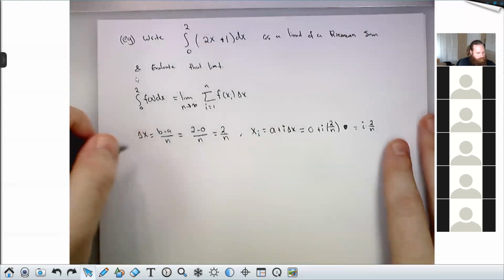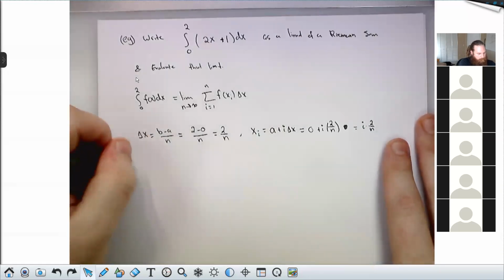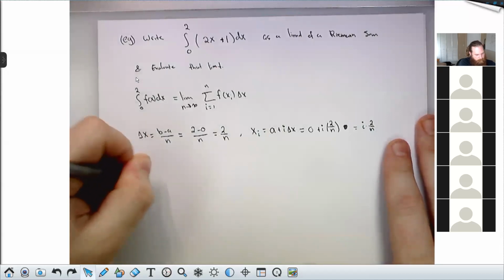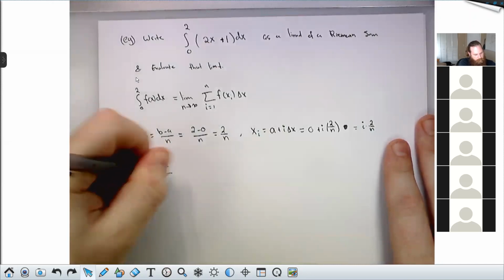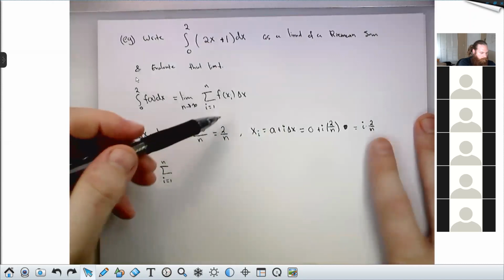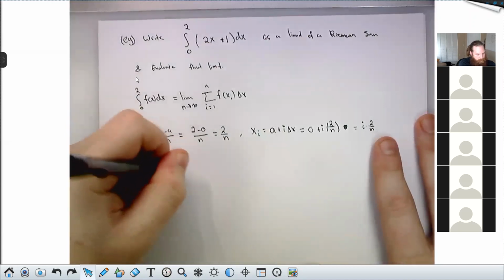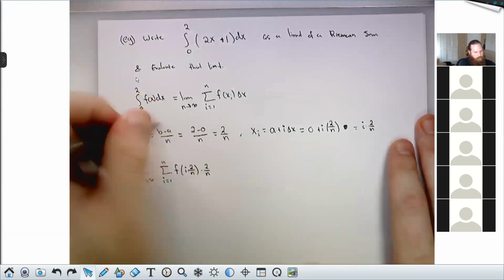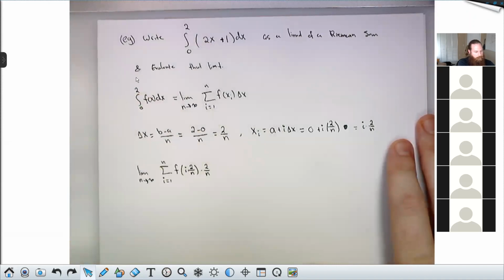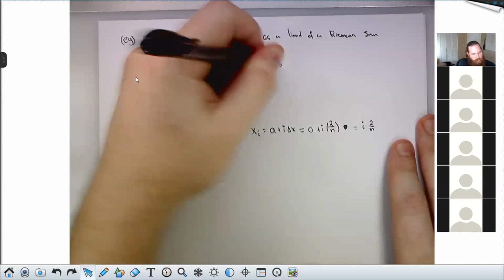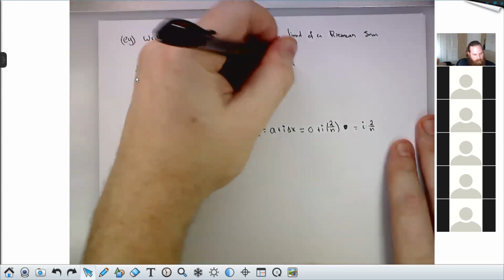So then this integral is a limit as n goes to infinity, sigma i from 1 to n, f of this times this. And my function f of x here, my integrand, is 2x plus 1.